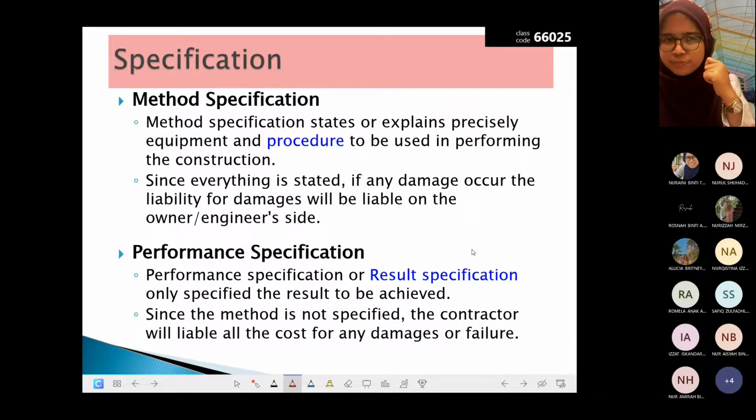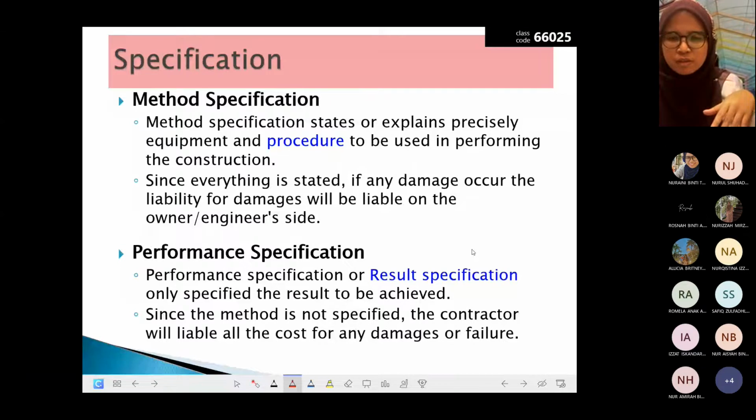Contoh, dia nak konkrit lah. Dia tahu guna konkrit grade 30. So either you nak bancuh sendiri, manually pakai mixer tu ke, ataupun you nak order daripada batching plant, daripada lori tuang ke, doesn't matter as long as konkrit tu grade 30. So that is the difference lah between the method and performance specification.